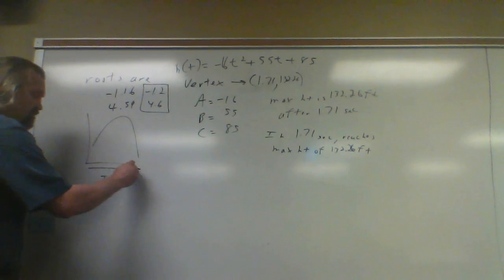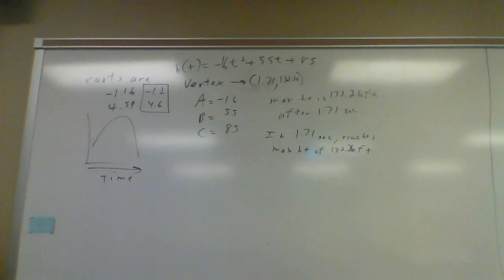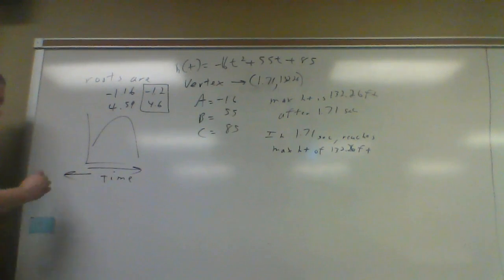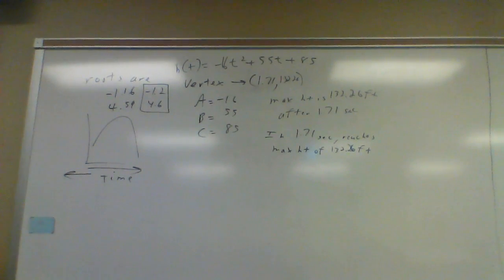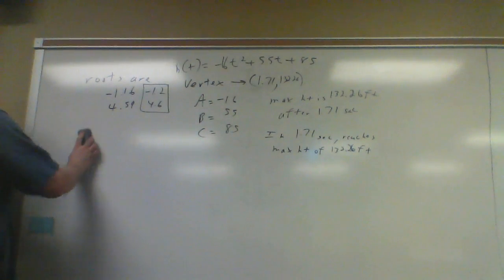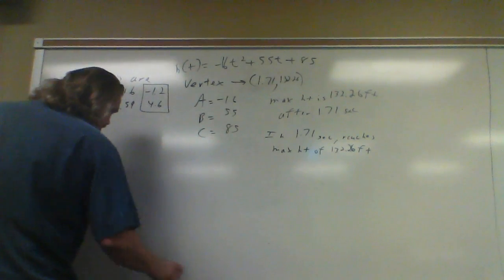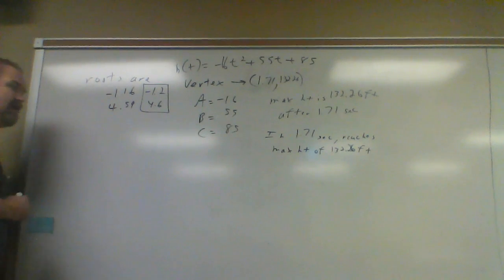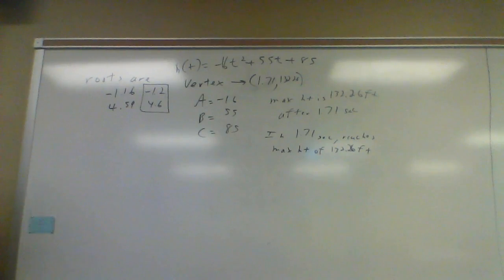Time marches on, as they say. Time does not march back, no matter how we try. We have not figured out the fountain of youth. We can't go back in time. So negative 1.2 is a nonsensical answer. It makes no sense. So it's going to hit the ground in 4.6 seconds.